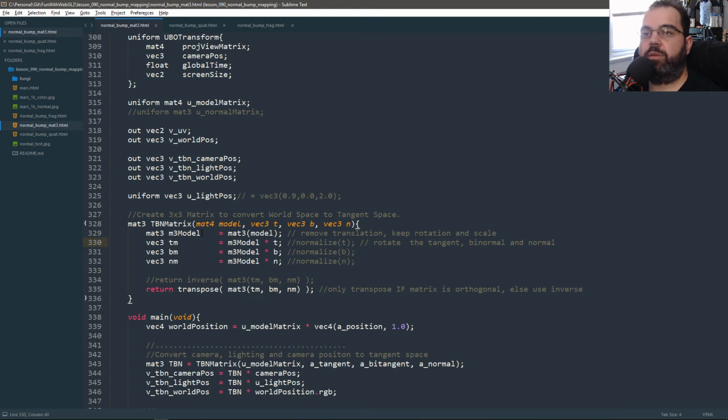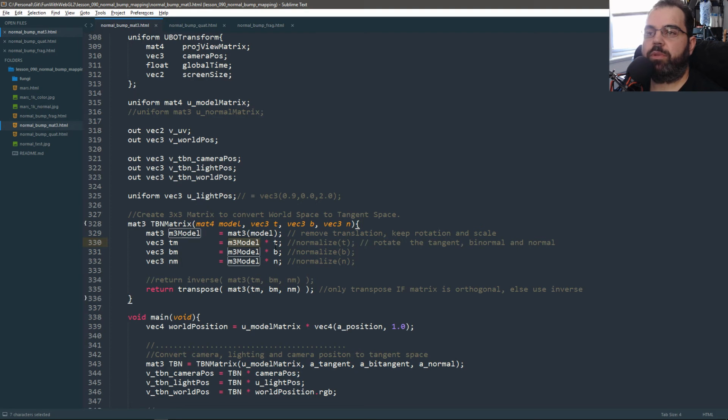Now the thing we need to do is rotate our TBN. So we pass in our model matrix, which is the rotation and scale and the translation, and we convert it into mat3 because we don't want translation. We really just want rotation. If we got scale in there, it's going to be in there a little bit. I don't think that will screw anything up, but it might. But if it does, normalize it, because scale will make it not normalized anymore.